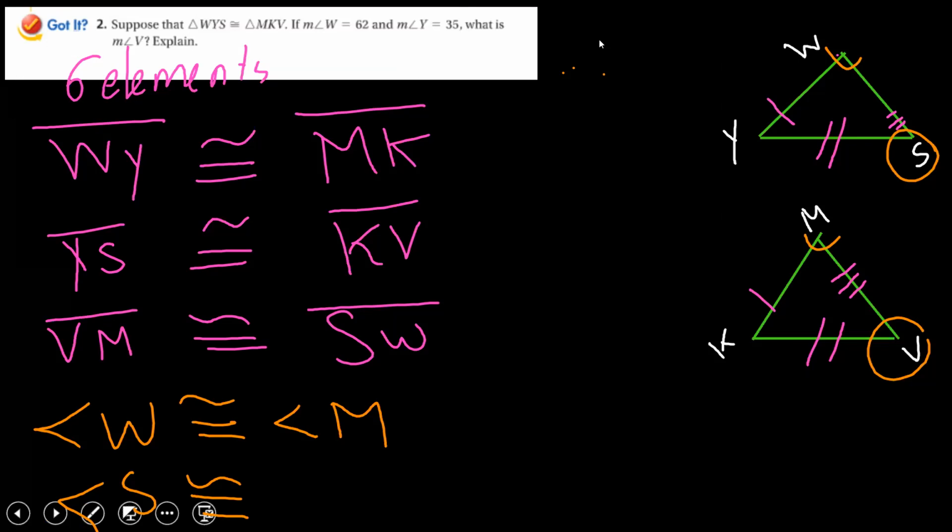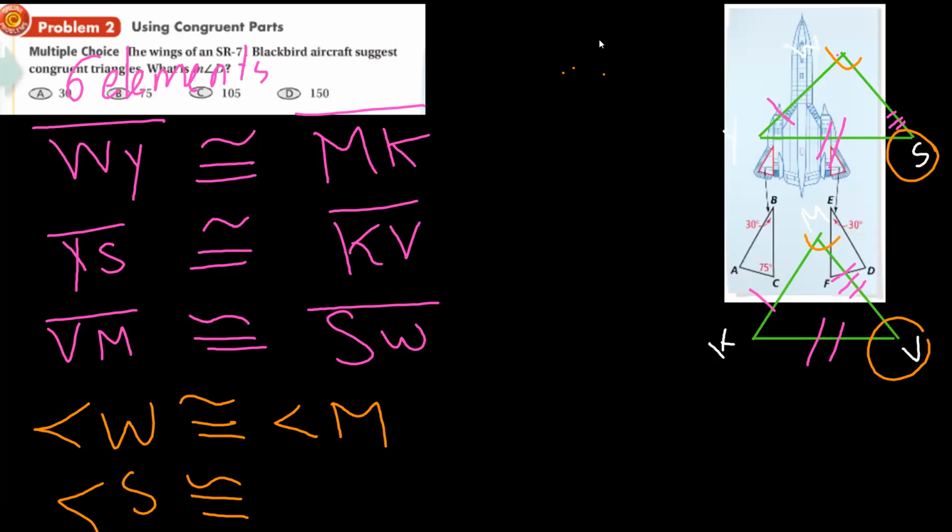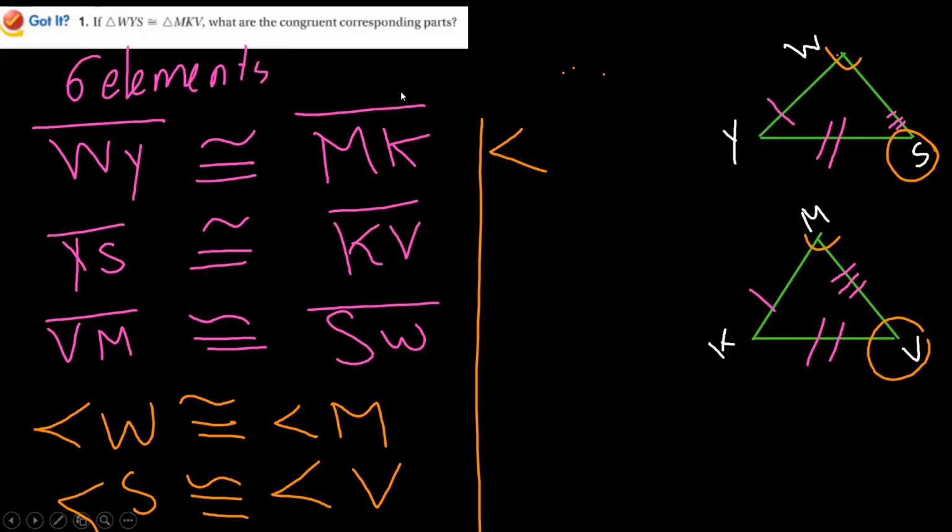So angle S with angle V, and also angle Y with angle K. And angle Y is congruent to angle K.